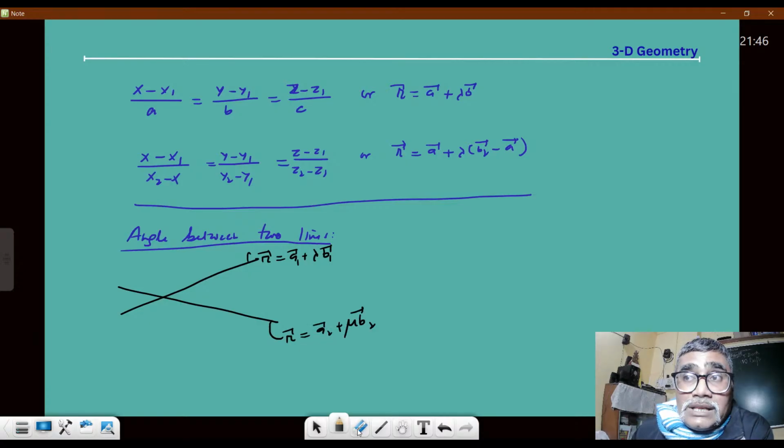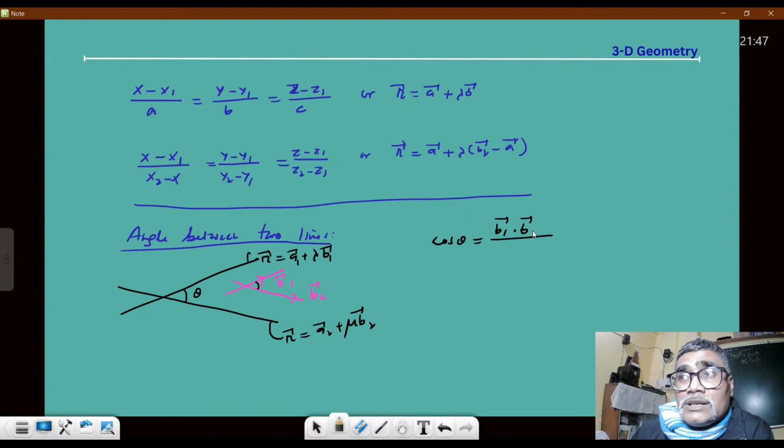You should be able to remember immediately that the first line is parallel to vector b1 and the second line is parallel to vector b2. Immediately you should be able to visualize this. So it's all the same to find the angle between b1 and b2, which is nothing but the angle between the lines. If I consider this as theta, the angle between these is nothing but the angle between b1 and b2, and b1 and b2 vectors we already got.